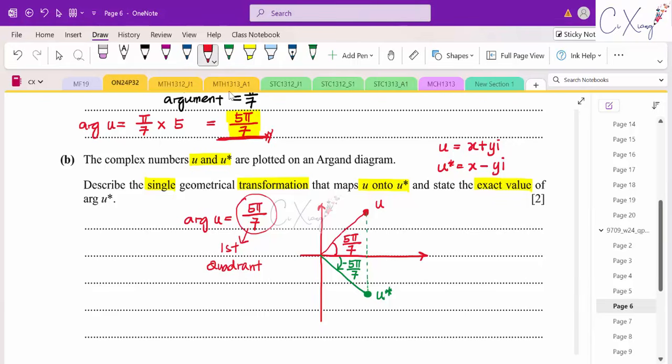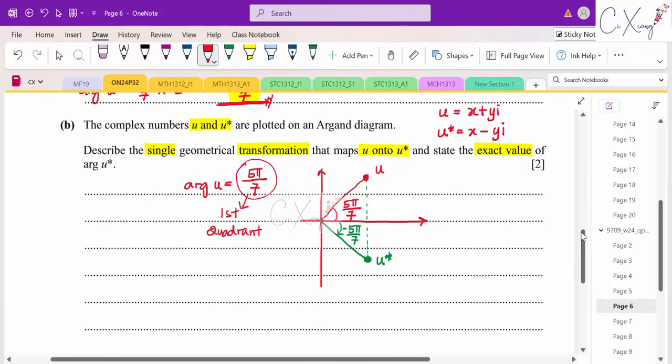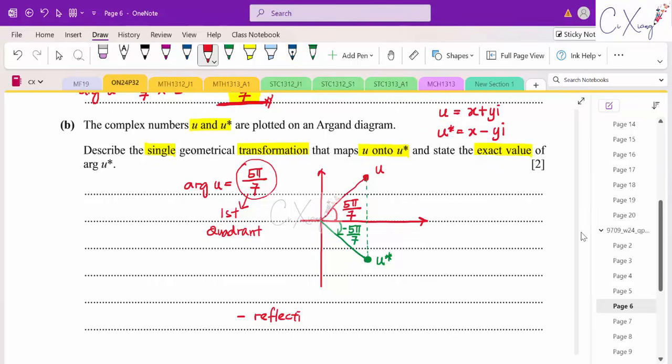Alright, so let's write it out. The transformation is reflection in the x-axis. Then what is the argument of u star? The argument of u star, or u conjugate, should be equal to negative 5 pi over 7.